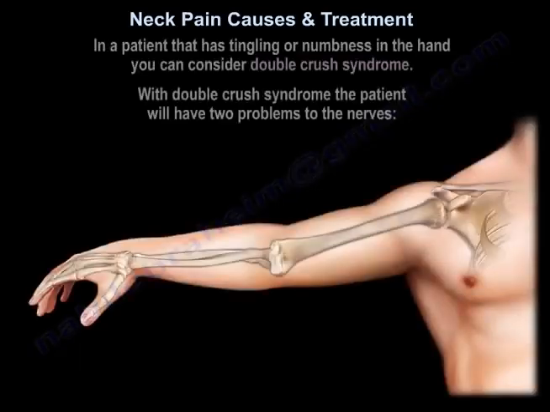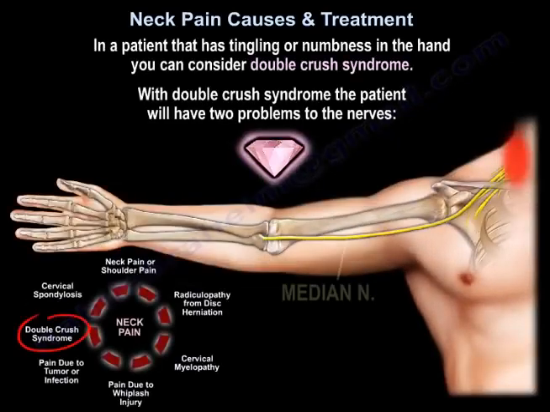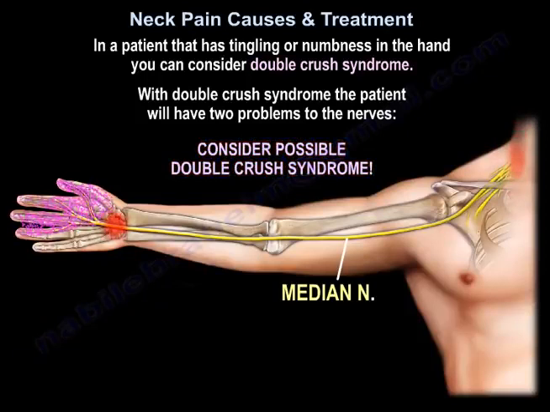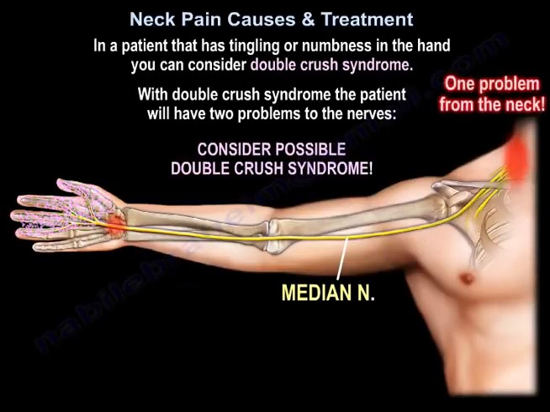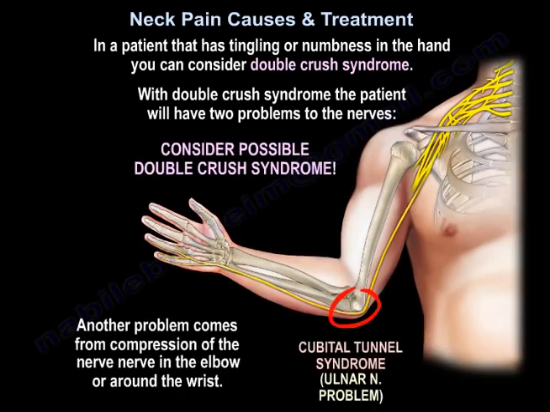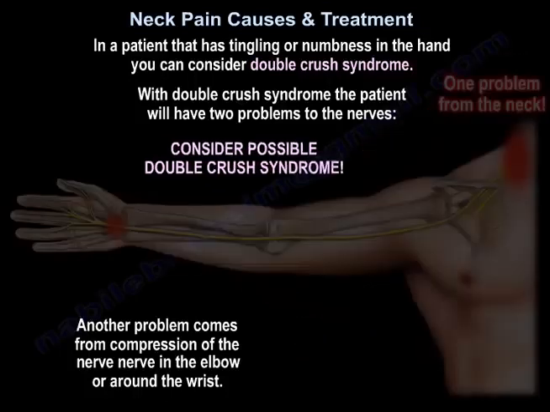In a patient that has tingling or numbness in the hand, you can consider double crush, which means the patient will have two problems to the nerves. One problem comes from the neck, another problem comes from compression of the nerves in the elbow, like cubital tunnel syndrome, or around the wrist, like carpal tunnel syndrome.